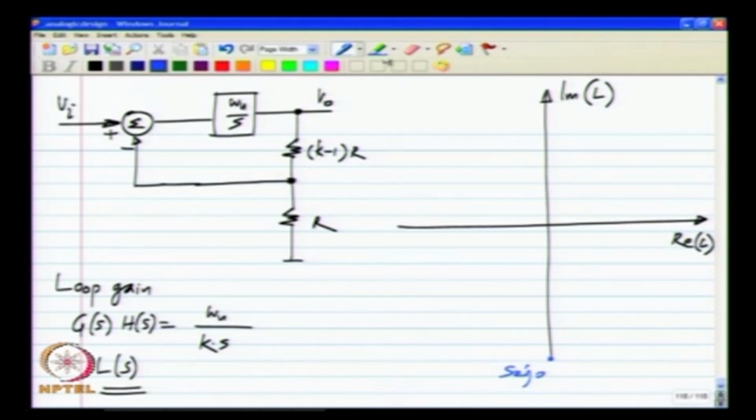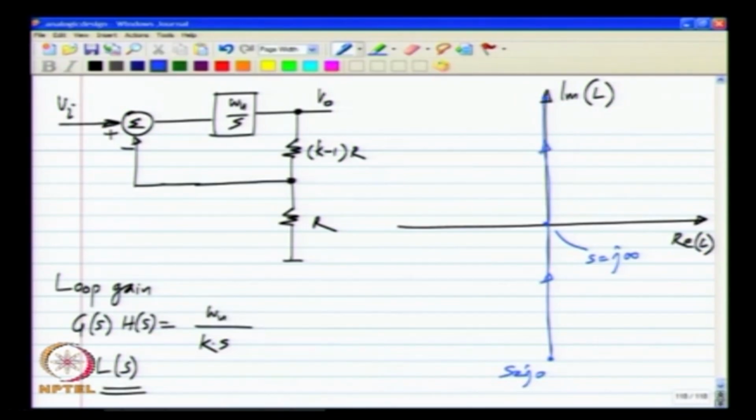I will show infinity as some far out point on the imaginary axis, and as the frequency increases it comes down, and for s equals j infinity, for infinite frequencies the loop gain is 0. Now, if you go to negative frequencies, that is you start from s equals j infinity and go back to s equals j 0 through negative values, you will get a mirror image of the same plot.